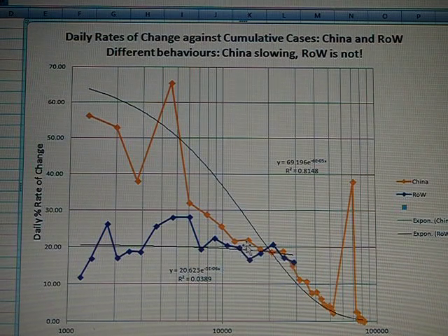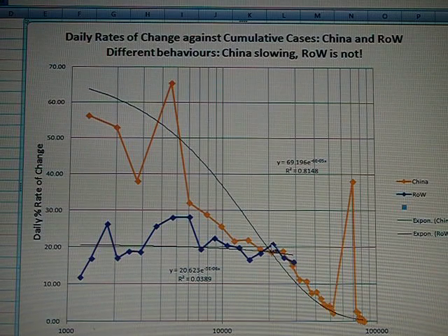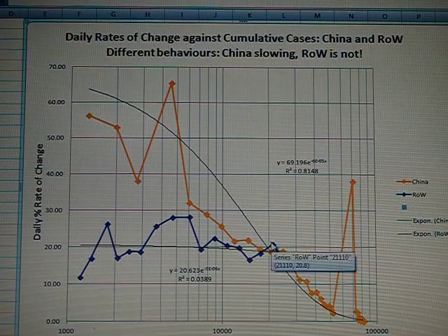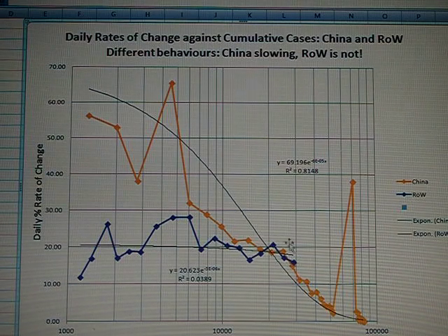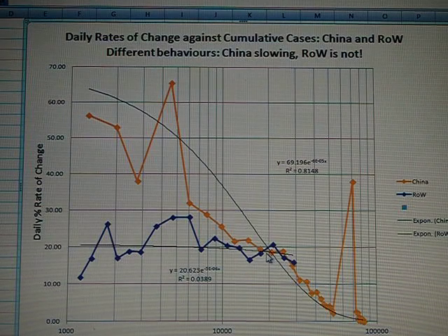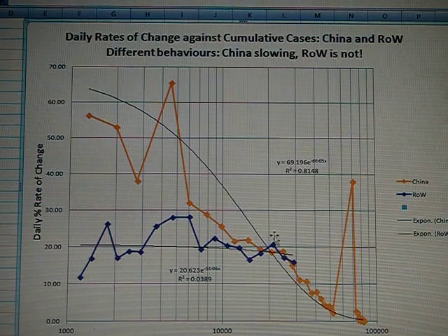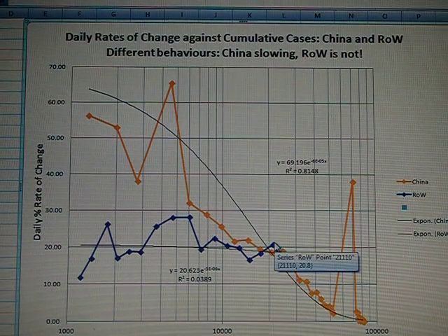But you see, the world has gone to 20,000 cases now, and the rate has actually gone up a bit. It's actually gone just over 20% a day. And it's overtaken where China was at 20,000 cases. At 20,000 cases, the daily percentage increase in the world has overtaken China.